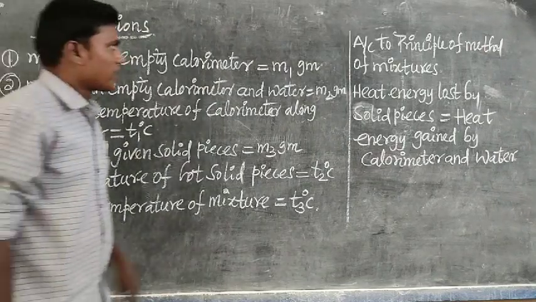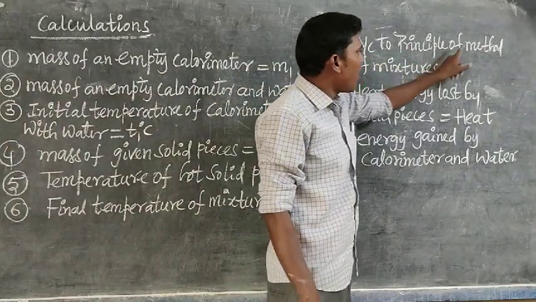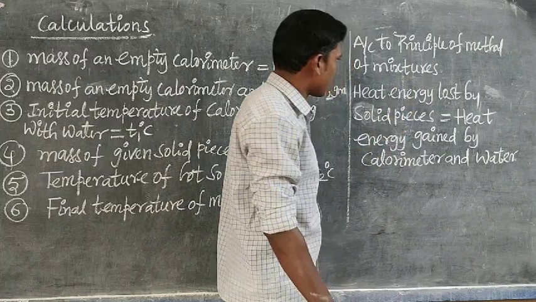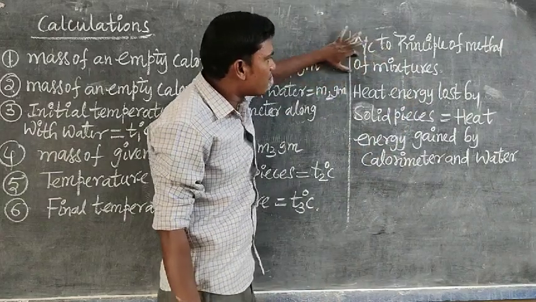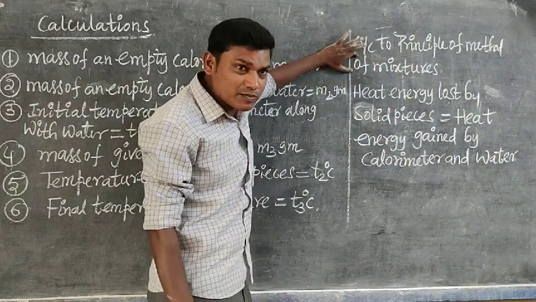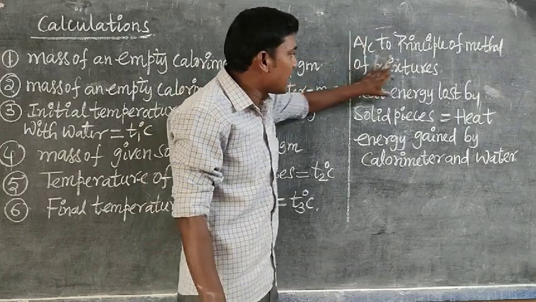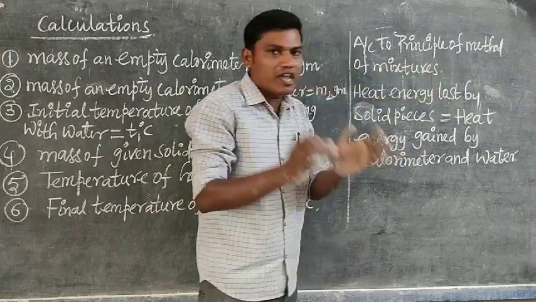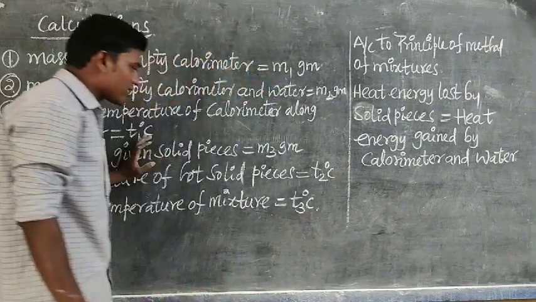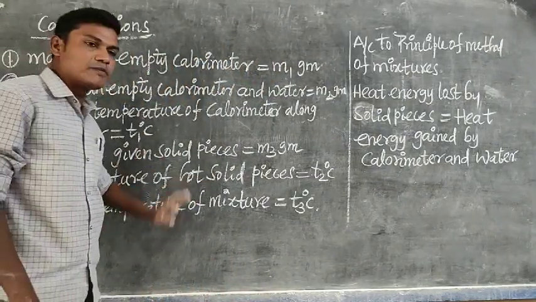So listen, according to the principle of method of mixtures, or principle of calorimetry, heat energy lost by the hot body. Here, according to our concept, which is the hot body? Solid pieces. That's right.